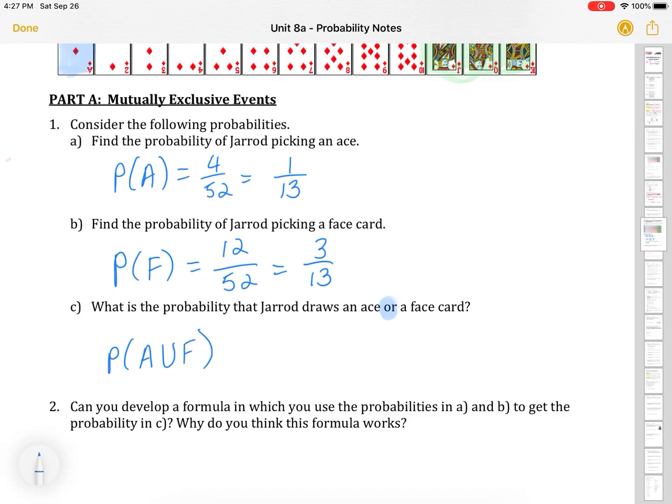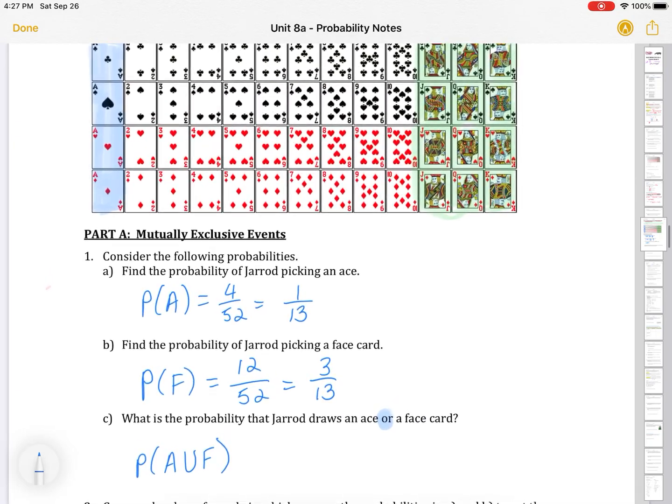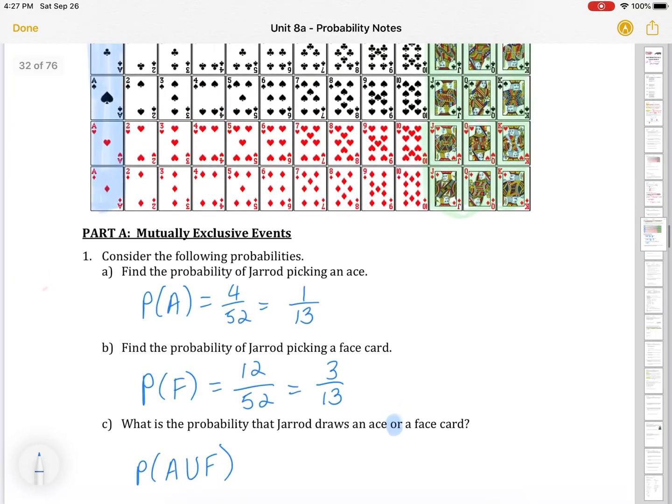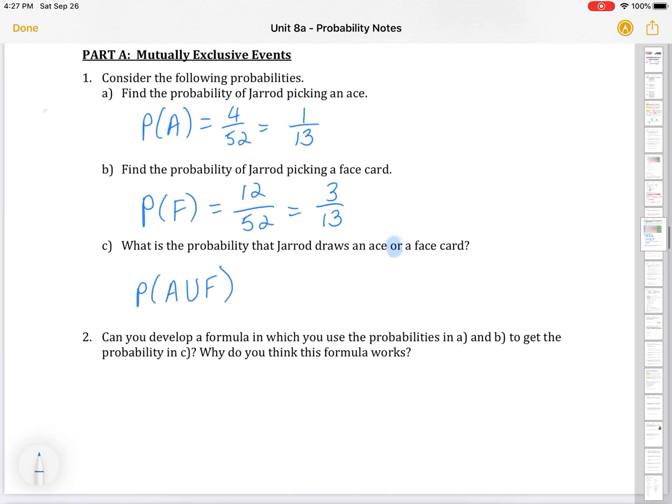Remembering our terms from set theory, we're looking for all of the shaded in components. In total, I have 12 plus 4, which is 16 shaded in items, so that would be 16 out of 52. If I reduce that, dividing the top and the bottom by 4, I get 4 out of 13.